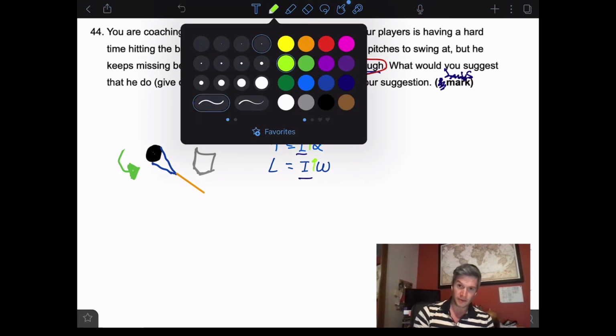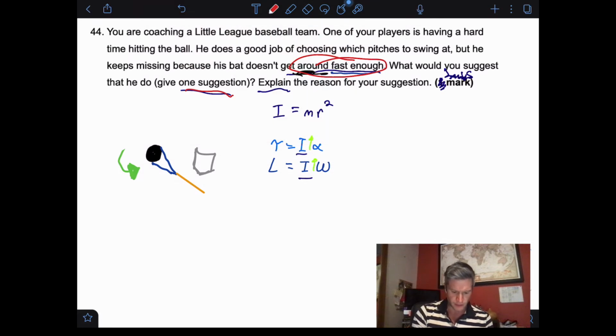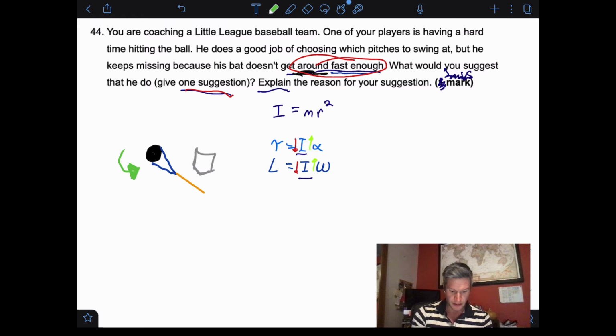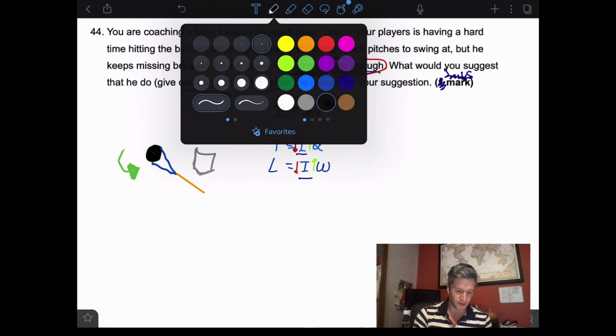Holding all other variables the same in that equation, we're going to want inertia to come down. Because if we've maximized the amount of torque or angular momentum that can be produced by a body, we want to play with one of the other variables.